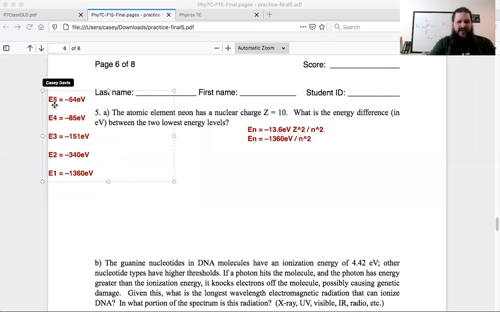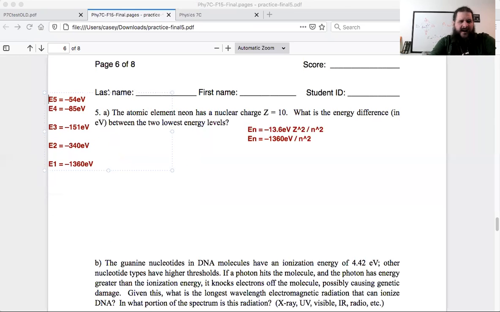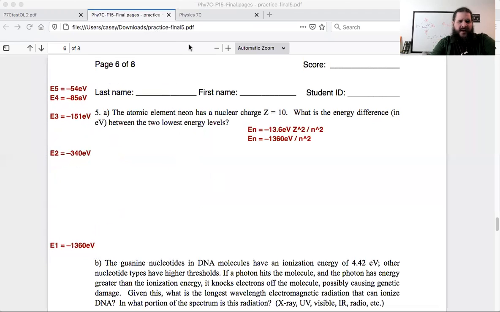So if we wanted to put these more to scale, it might be something more like this. And in fact, we often draw this out as a chart looking something like this. So we've got our energy levels.